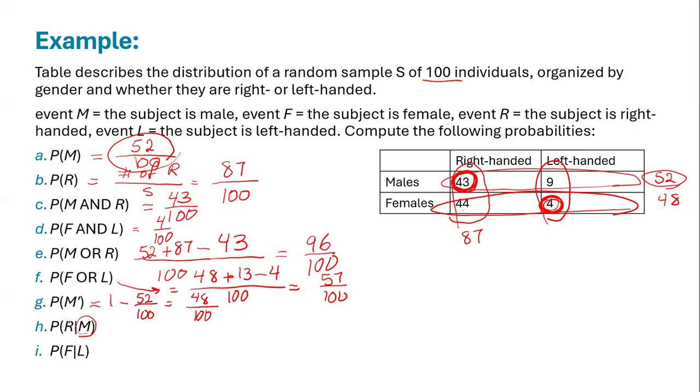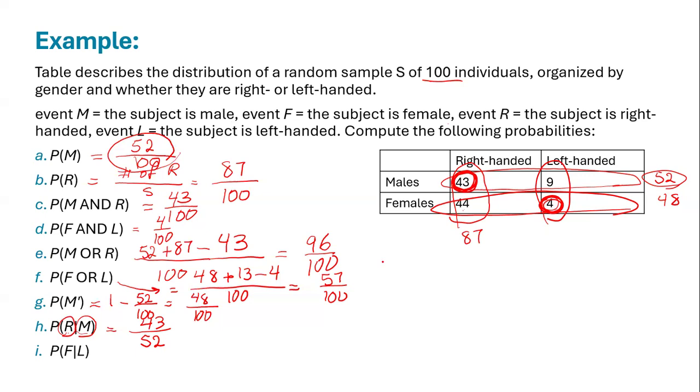Because that's the given part. 52. So this time your sample space is 52 because that's the condition. You just find the right-handed ones out of the male group. The male group is only 52, and out of those 52, how many are right-handed? 43. So the final answer is 43 over 52.